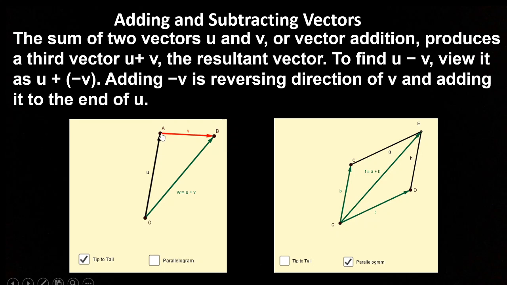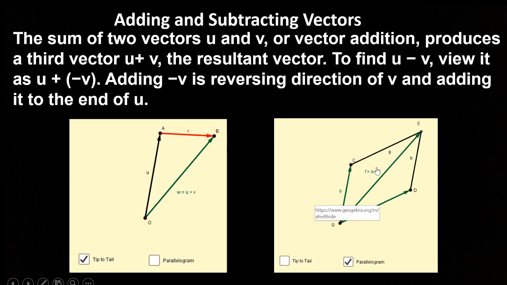We put the initial point of v there and draw it in the direction that v has. Then from the initial point of u to the terminal point of v, that is the resultant vector. That's the sum of the vectors u and v. That's one way to do it. It is tip to tail.